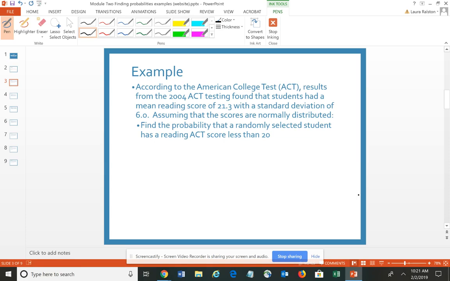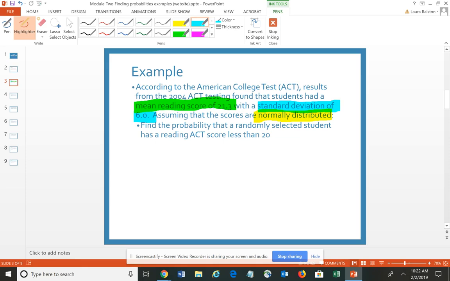First, you have a normal distribution, which it clearly states. Secondly, you have to know the mean, which is given. And third, you have to know the standard deviation, which is also given.